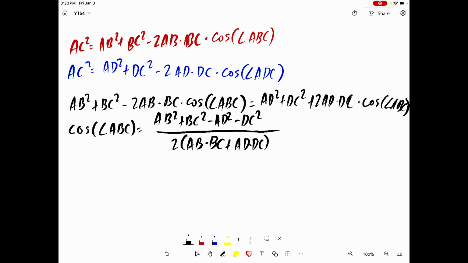So now that we have the equation for cosine of ABC, we can substitute that back into the original first equation with cosine ABC and AB and BC.